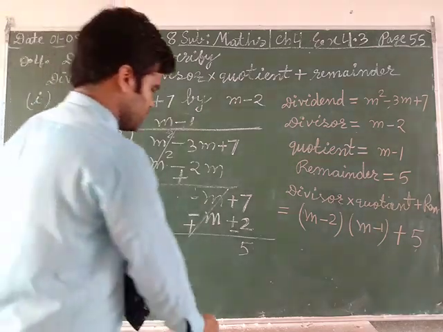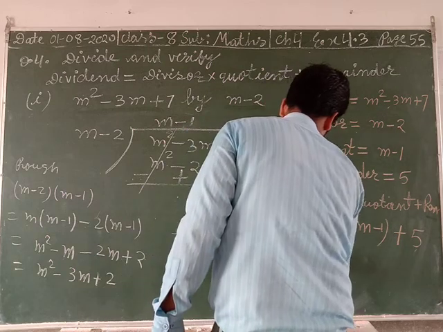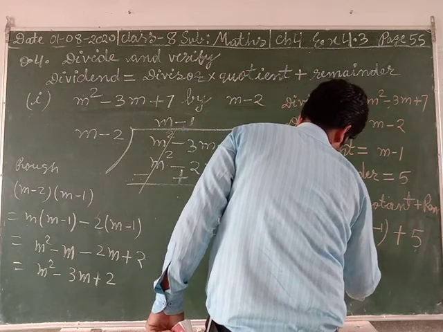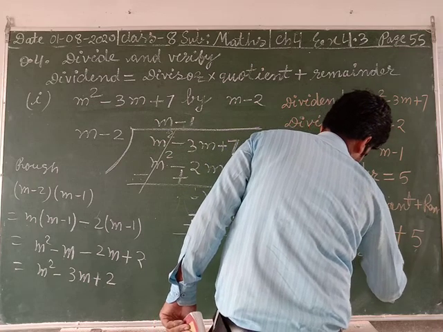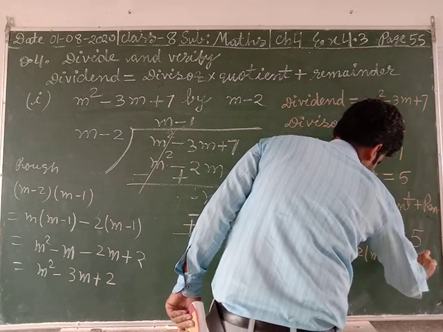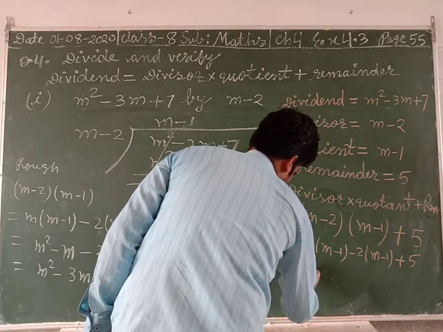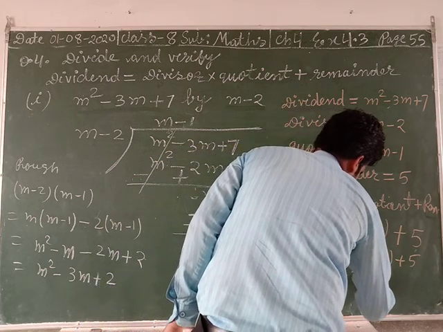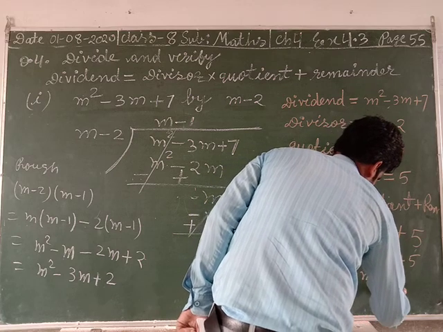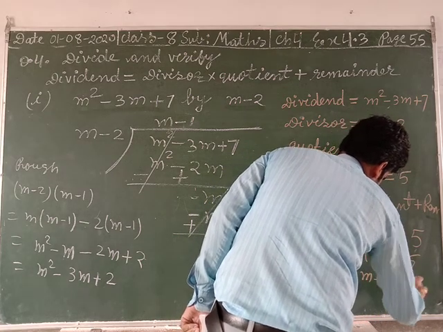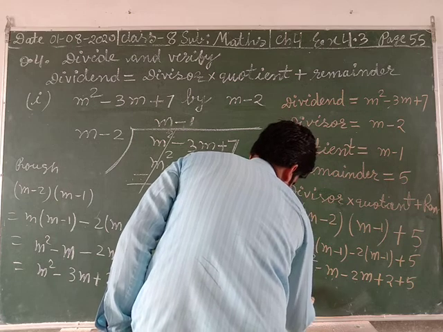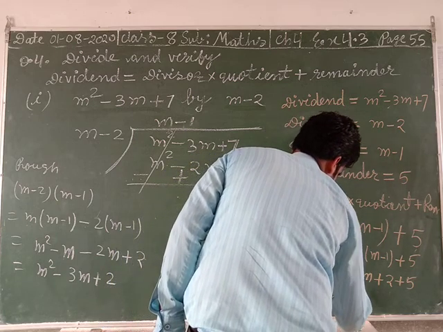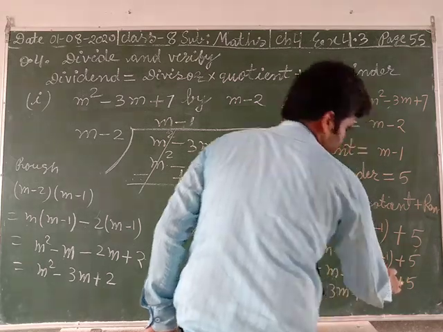So same as students, I write here m into m minus 1 minus 2 into m minus 1 plus 5. So here I get m square minus m minus 2m plus 2 plus 5 is equal to m square minus 3m plus 5 plus 2, 7.